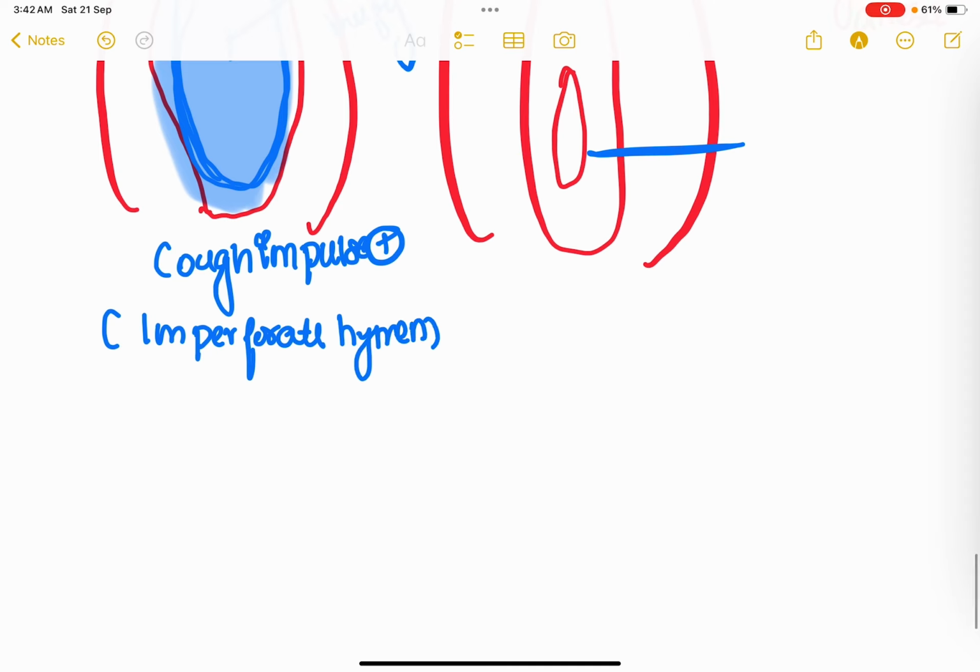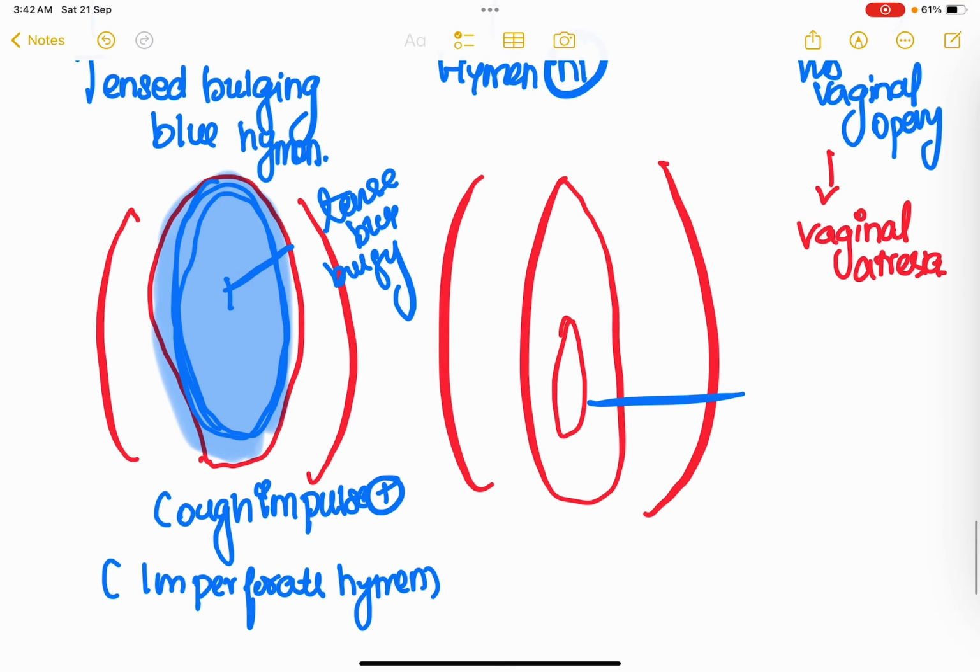As the patient coughs, the size of the imperforate hymen is going to become even bigger, more tensed and more bulging. The color is blue because of the congestion of the blood accumulated there. Whereas here, as you can see, this is the normal.